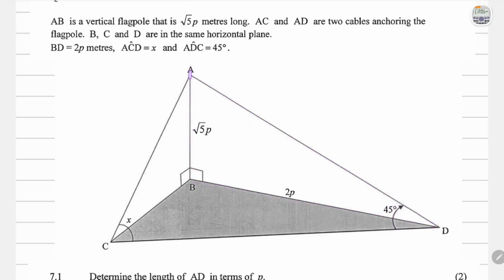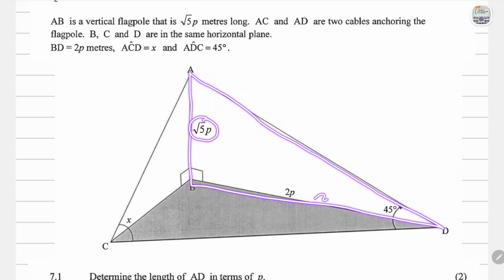So all we have right now is a right angle triangle. In this right angle triangle, we have been given this side AB and this side 2p. So we can clearly use the theorem of Pythagoras to find AD. Okay, let's go ahead and do that.